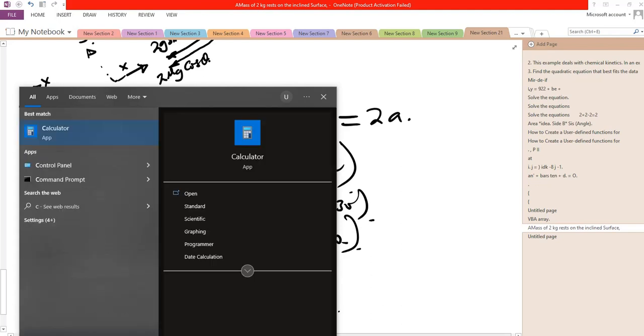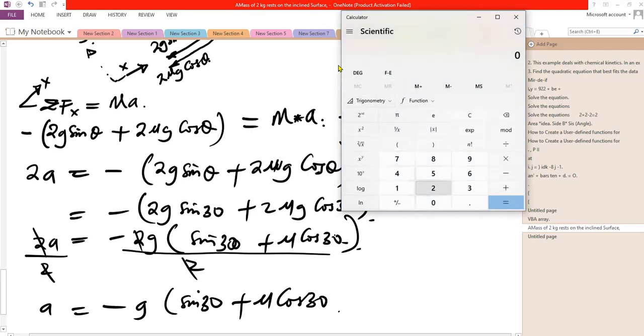Let's type: g is 9.81 times bracket open, 30 sine plus 30 cos times 0.4, which is mu, bracket close, equal to.